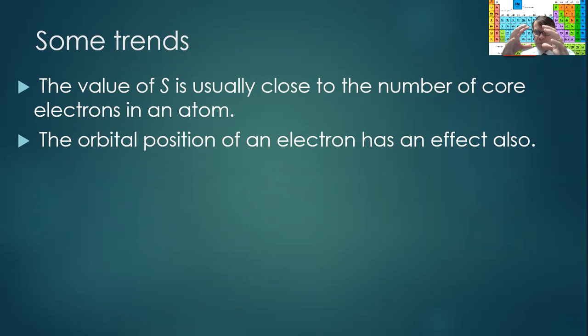The p orbital is much more of a flowery, perpendicular kind of thing, and so the electrons in the p orbital relate to the nucleus in a different way. So the orbital position of the electron does have an effect.